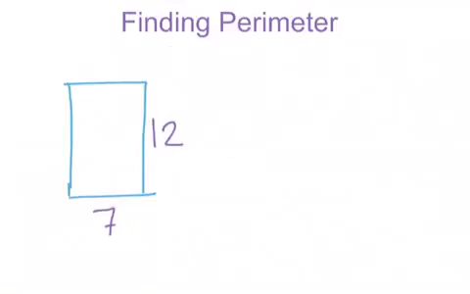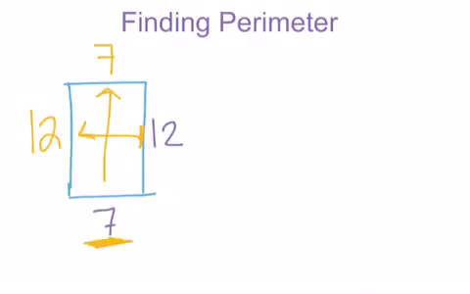All right. Another example that I want to give you quickly is they might not actually write down the numbers for all of the sides. So I just want to go over some background knowledge. If you have a 7 on one side, the side directly across from that is also 7. And the same for the 12. If you have a 12 on this side, the side directly across, if it's an equal quadrilateral, is going to be 12.